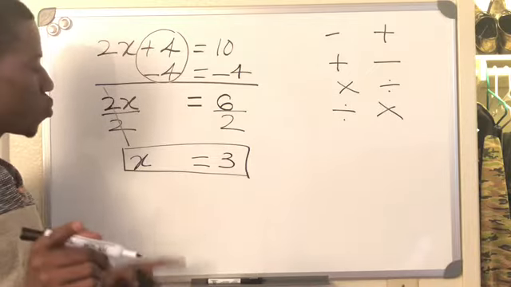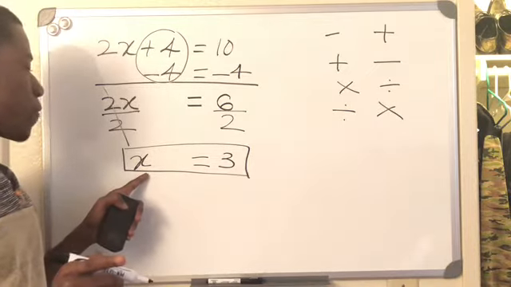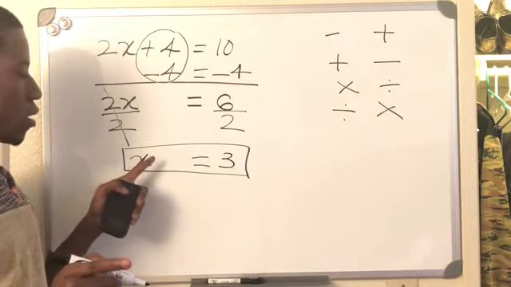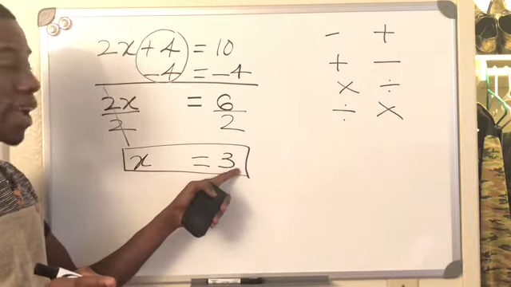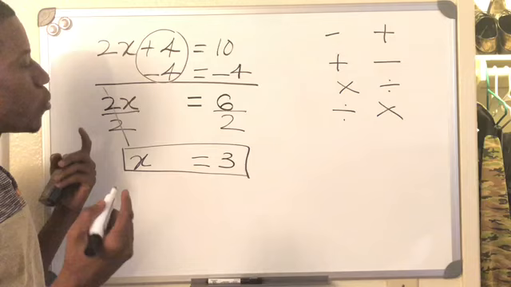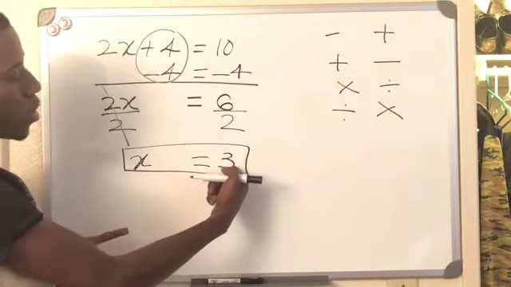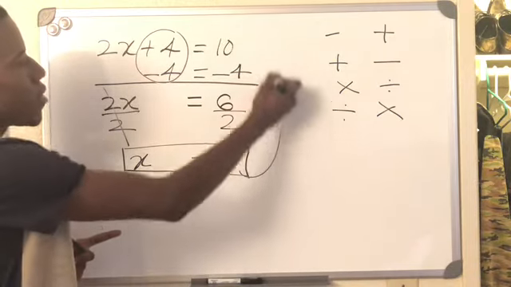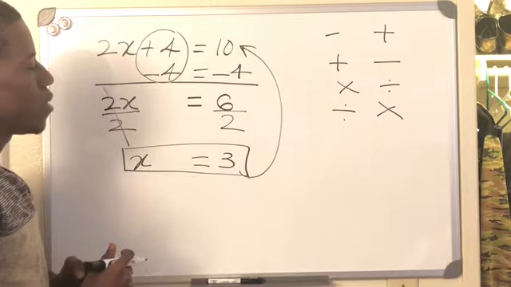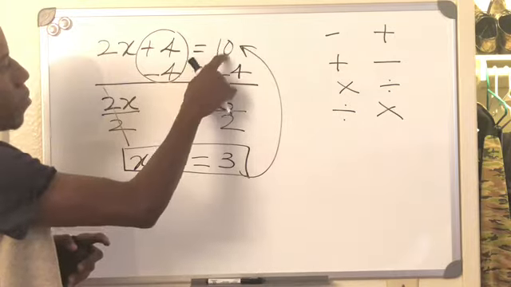Now if you're not sure your variable value is right, the way you can prove it is you can plug this value back into your equation and see if you get this number right here.